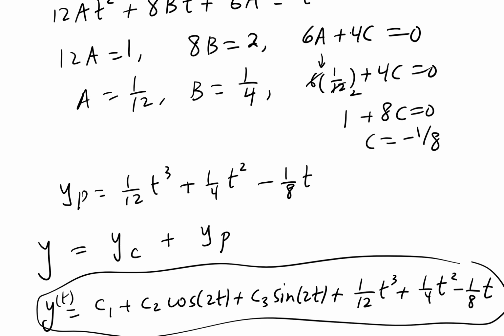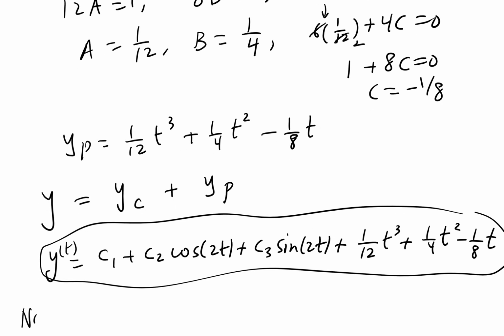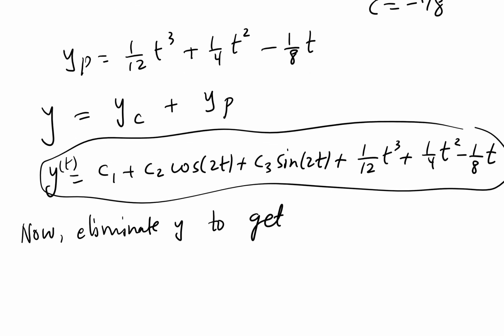We need to find the x now. Now we eliminate y to get, I'm sure all of you know how to do that now, to multiply. I got D squared plus 4 x equals negative t squared.